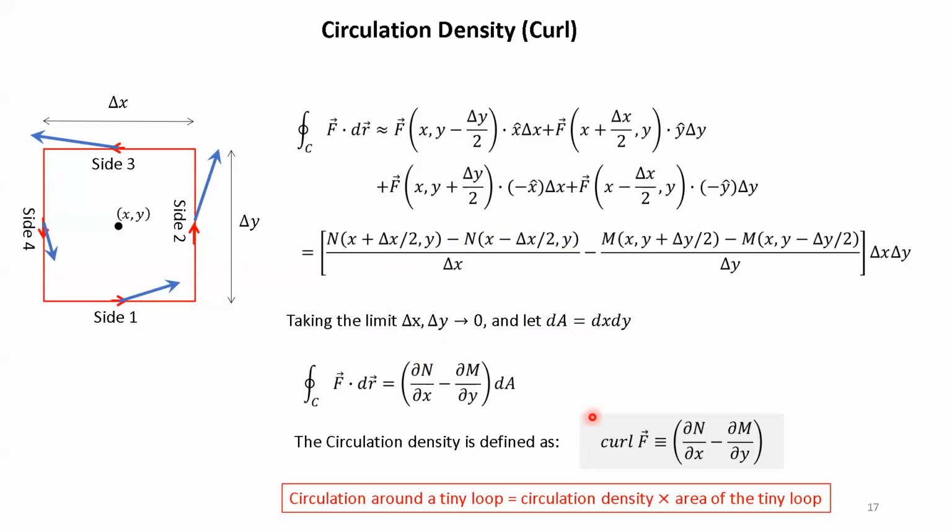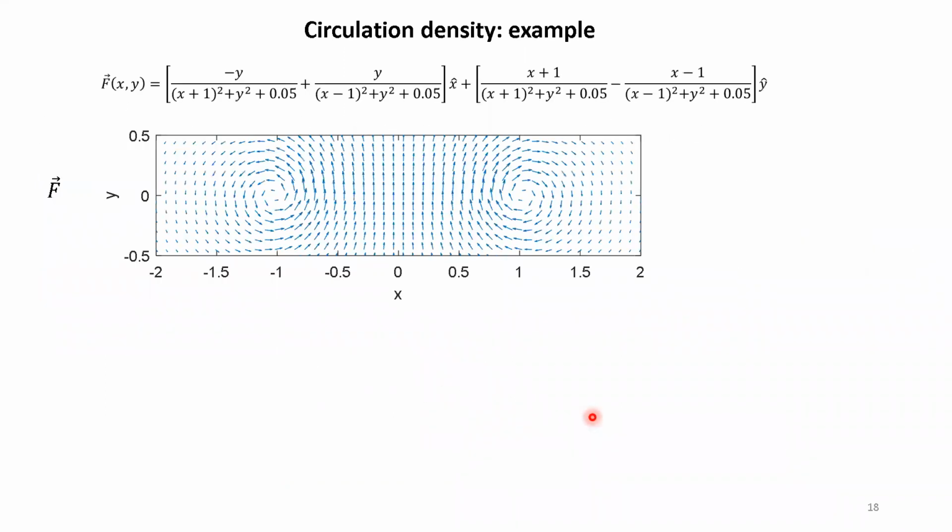So here I have an example function. This is a vector field. It's a very long expression here, but if you plot it, what you'll find is something like this. So we have kind of 2 vortexes. One here is going anti-clockwise, the other going clockwise.